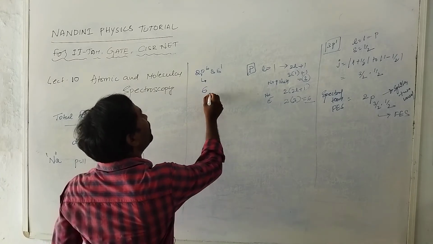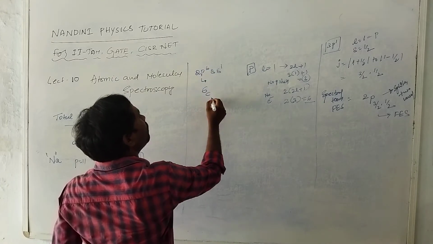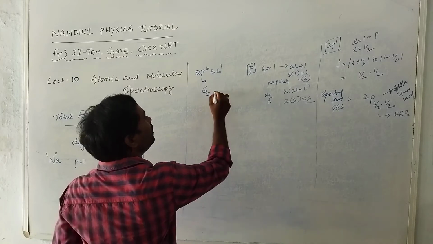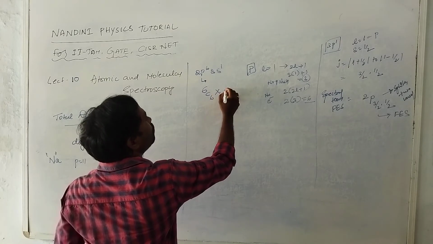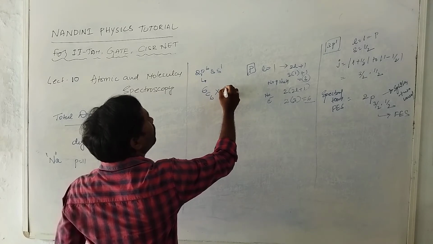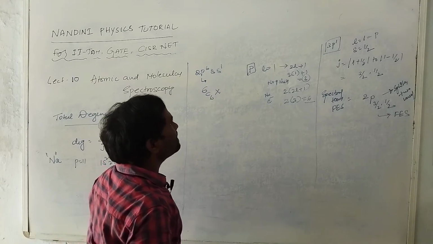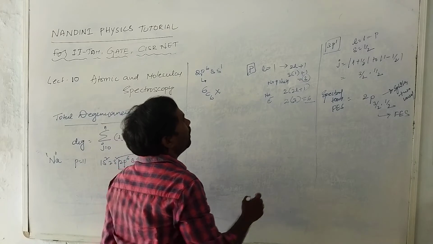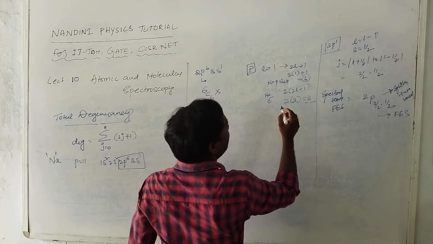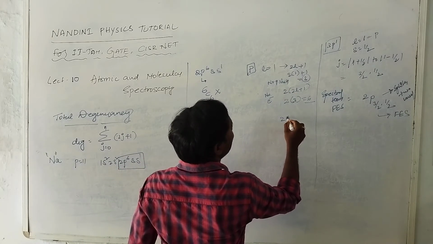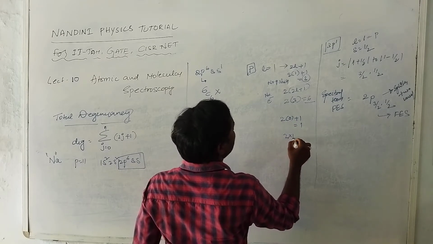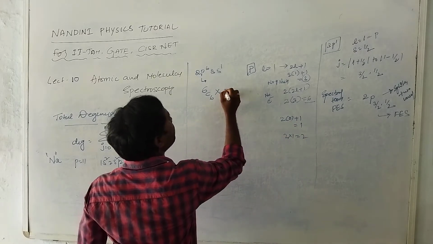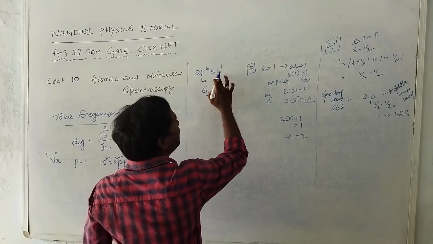And the factorial: how many electrons are there right now? 6 electrons, so 6 factorial. Now, how many electrons are occupied in the S state? For S, the number of subshells is 2 into 0 plus 1, which is 1 state, so the number of electrons is 2 into 1, that is 2.